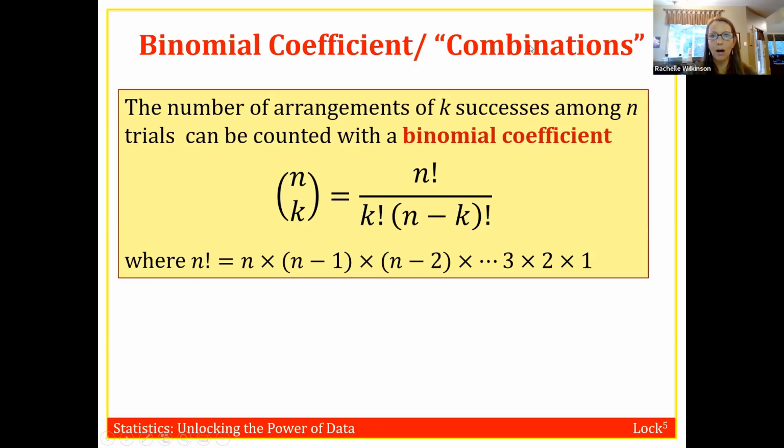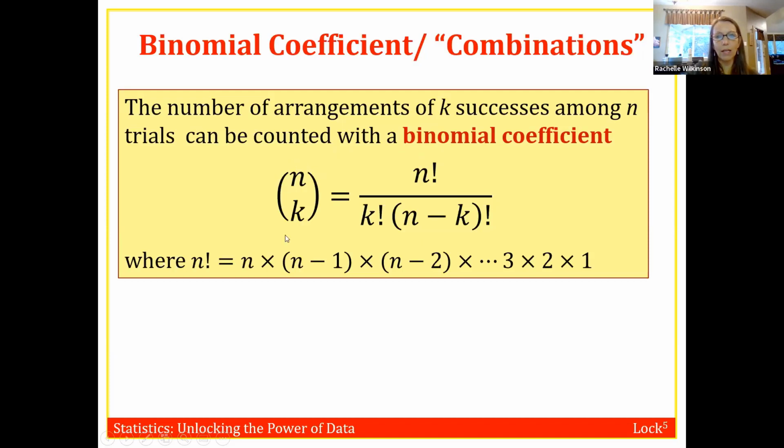Okay, so most of the time I'll probably refer to this as a combination. You might have heard of combinations in your other classes. Sometimes they go along with permutations, which is similar but different. We're only going to talk about combinations in our class. But basically, if I want to count the number of ways that I can get exactly K successes in N trials, then I can use this formula right here.